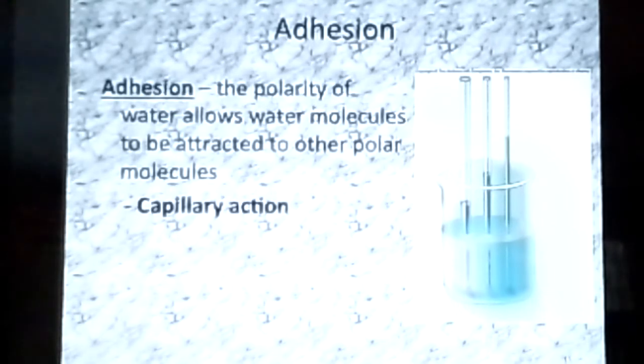The cohesion of the water attached to the root and then attached to the water below it in the soil pushes it up. It moves the water up, similar to the picture of the straw. How small that straw is determines how far the capillary action works. And this is the end of chapter 2.